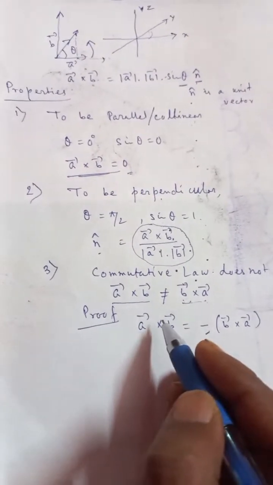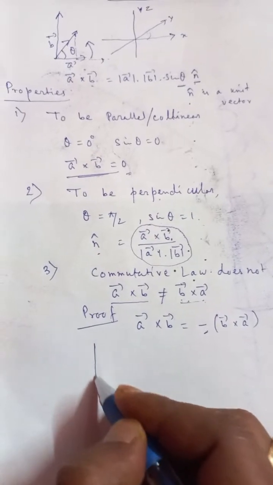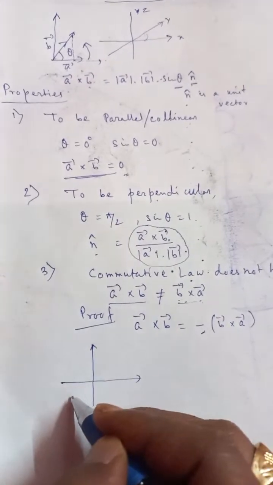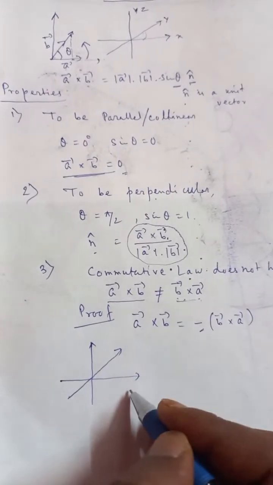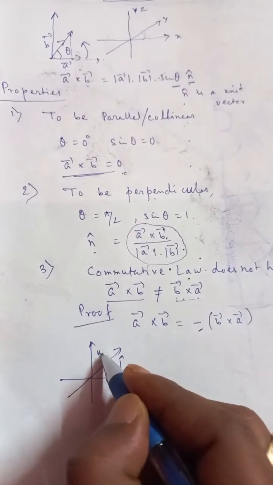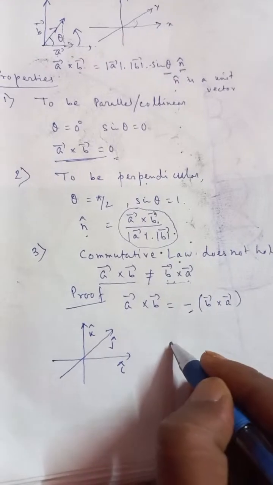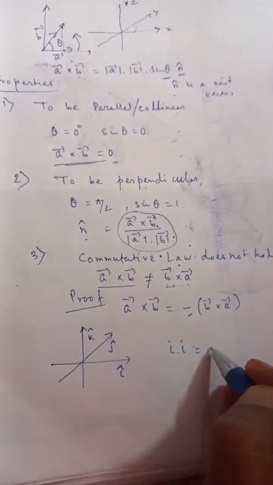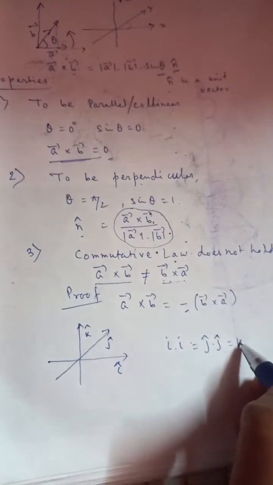Before taking the example, we have to see that the unit vectors along the three axes are represented by i cap, j cap and k cap.